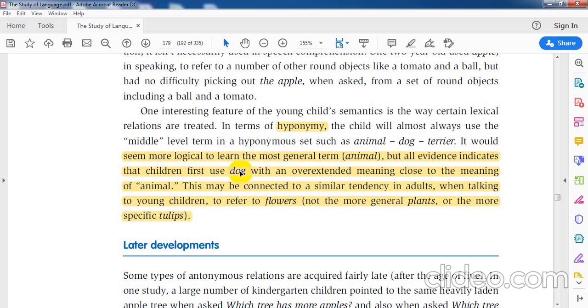It is that lexical relation of using one word to refer to another meaning, where the meaning of one word is included in the meaning of another. You see here? So this may be connected to a similar tendency in adults when talking to a young child to refer to flowers, not the more general plants or the more specific tulips.